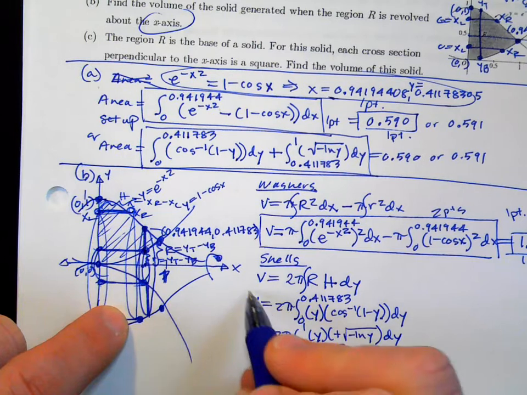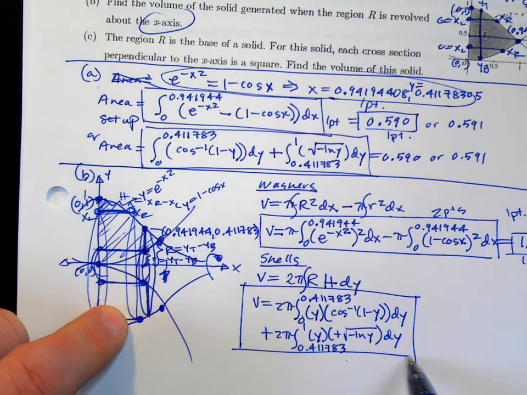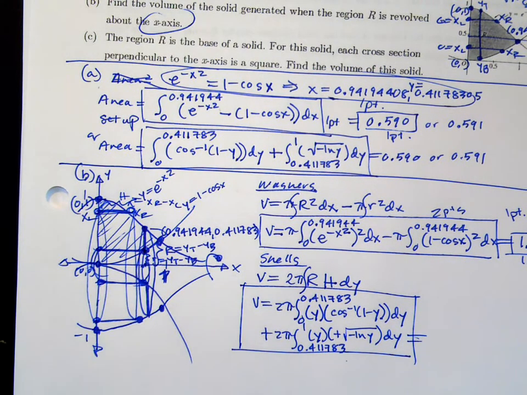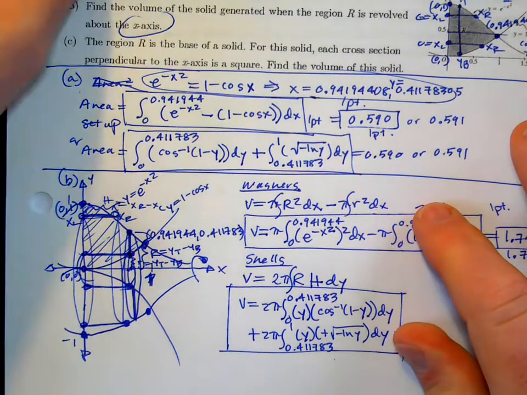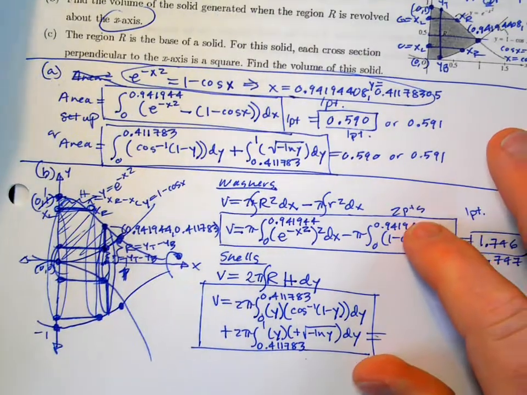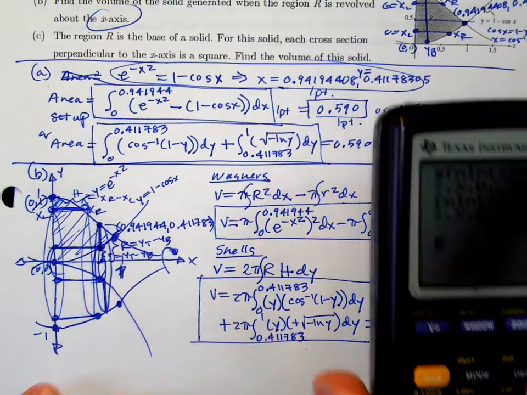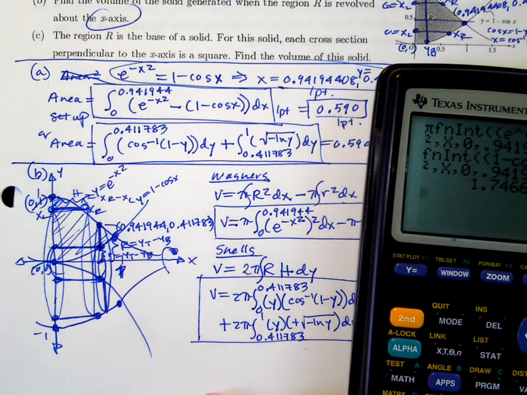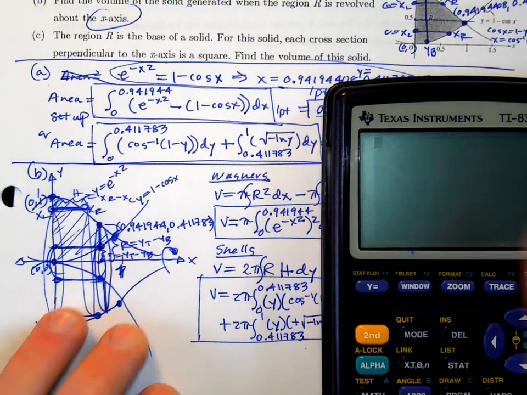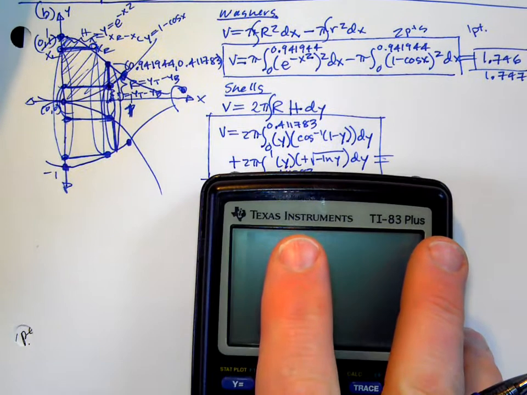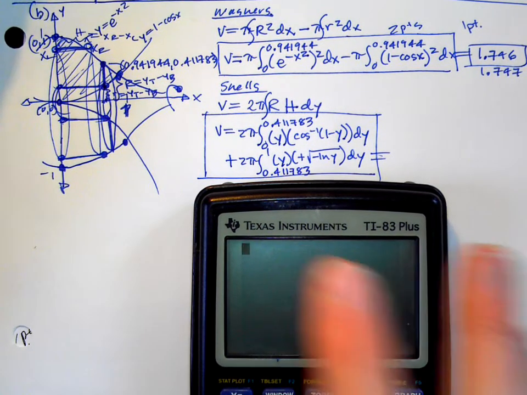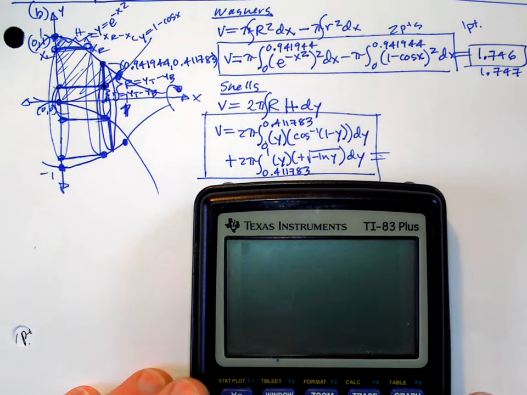So that is your setup, which would give you the same amount of points. And so we could put that on our calculator. Now, we couldn't integrate that by hand for sure, but our calculator can do it because it's using slicing and it's using estimation techniques.